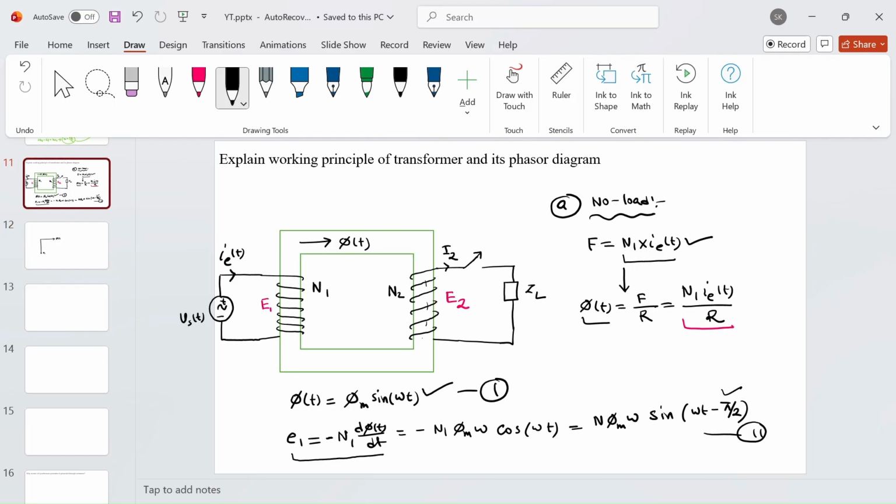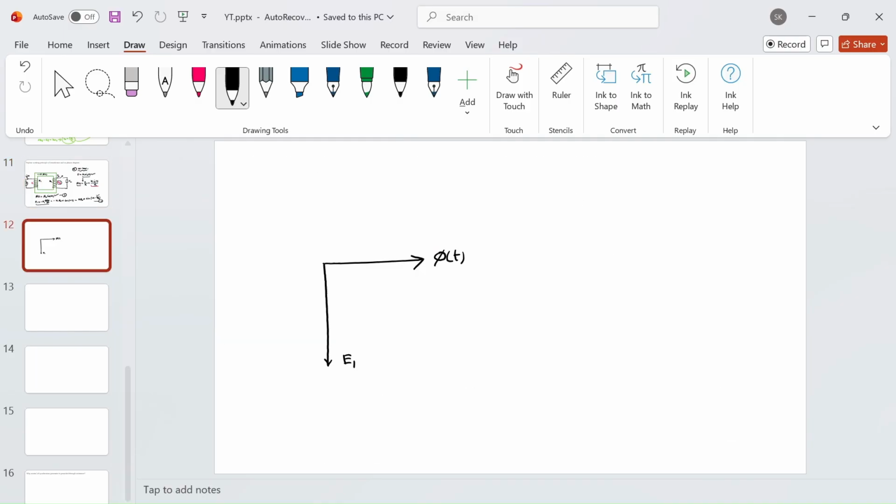Since this phi of t is flowing throughout the core, you will get induced voltage E2 also, right? So let me write down the E2 also here. E2 will be N2 d phi by dt, and it will be N2 phi m omega cos omega t.